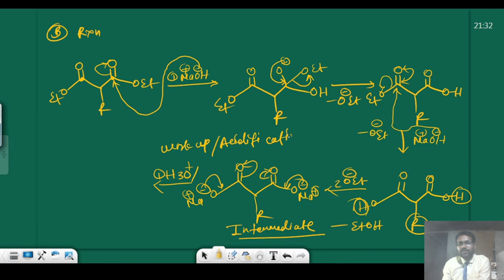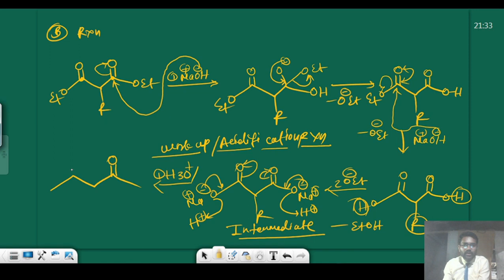when we do the acidification reaction, what will happen? Simply it will take the proton. This will take the proton from the hydronium system, and this will take the proton from the hydronium system, and there is a formation of this particular carboxylic acid molecule.